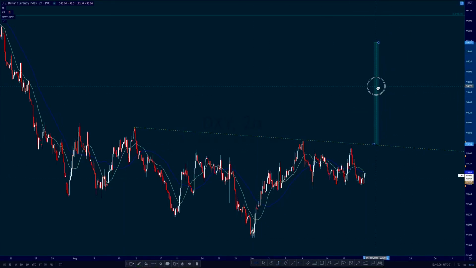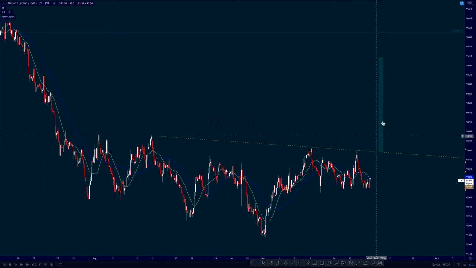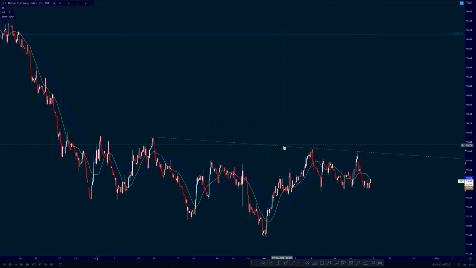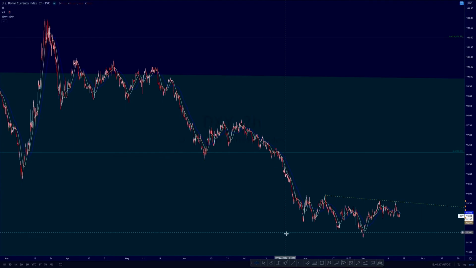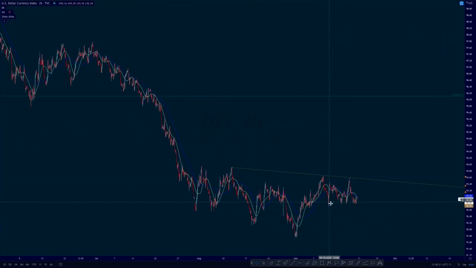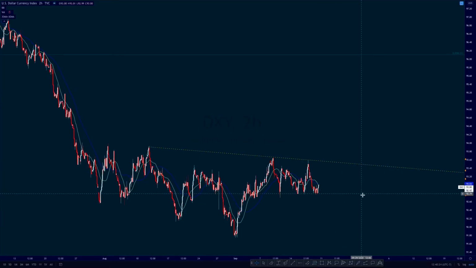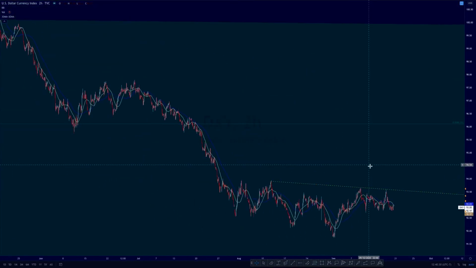Measure and move would be around 95.50 if it breaks out from here. But as you see, this is a very bullish reversal pattern. So we're holding support here, and it seems like there's buying volume.